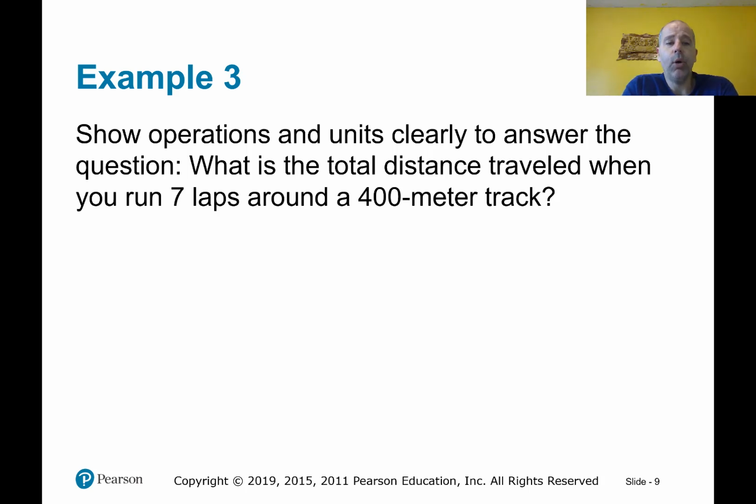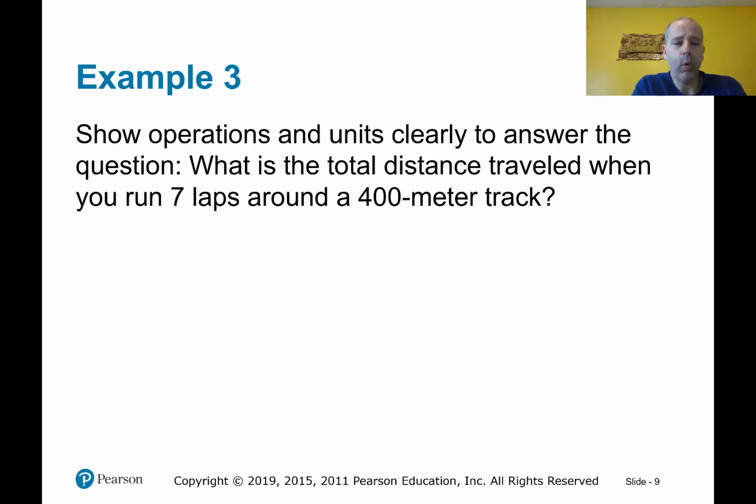Okay, now show operations in units clearly to answer the question: what is the total distance traveled when you run 7 laps around a 400-meter track? Here's a couple of things. We need to know what a lap is. A lap is one distance around the track. So what do we know?